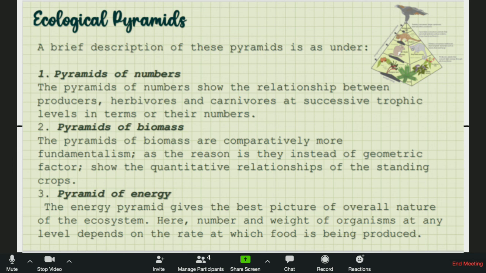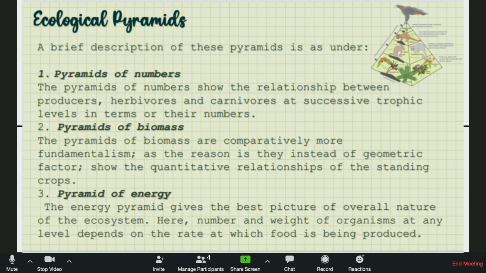The second pyramid is the pyramid of biomass. The pyramids of biomass are comparatively more fundamental, as the reason is they, instead of numbers, show the quantitative relationships of the standing crops. The pyramids of biomass in different types of ecosystem may be compared as under.